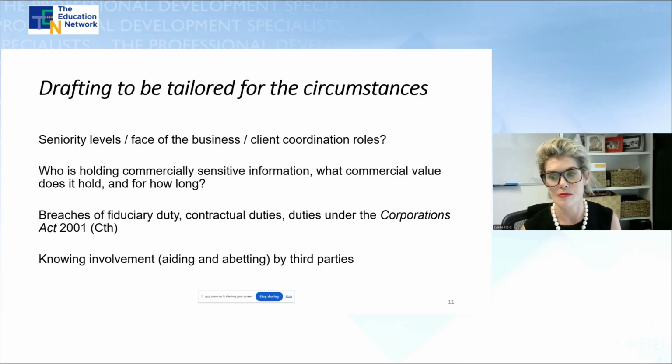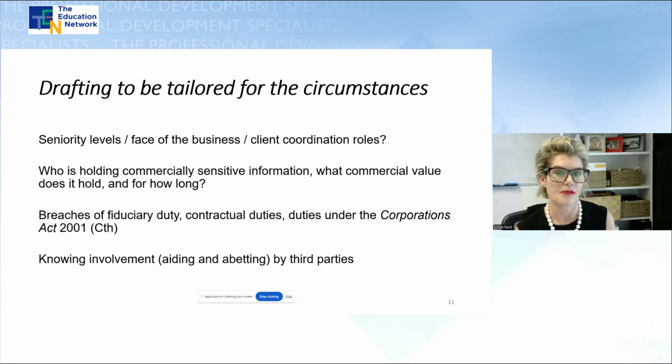So if I am the new employer of a very senior executive and I encourage that person to breach their fiduciary duty, if they have a fiduciary duty, their contractual duties in which there is a restraint clause, or I am the senior employee who has left an organisation, and then I'm actively encouraging and facilitating another employee to leave my erstwhile employer.